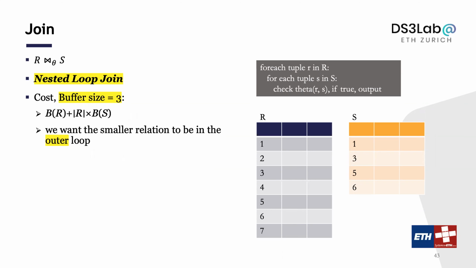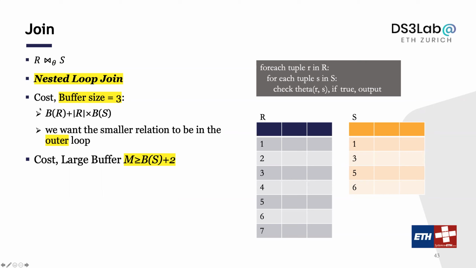So what would happen if you have a larger buffer? How can we take advantage of that? In this case, when you have a very large buffer, for example, your buffer size M is larger than the number of pages of S plus 2, I can actually cache my whole S in my buffer.